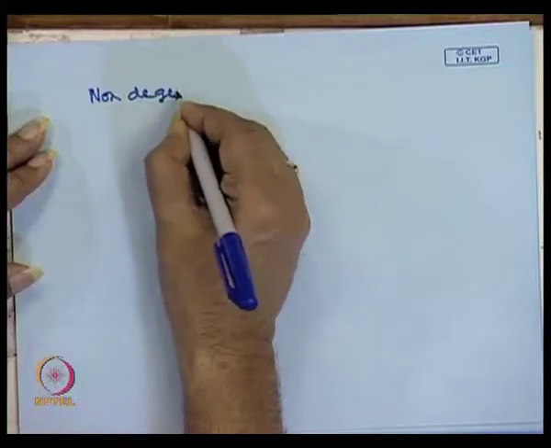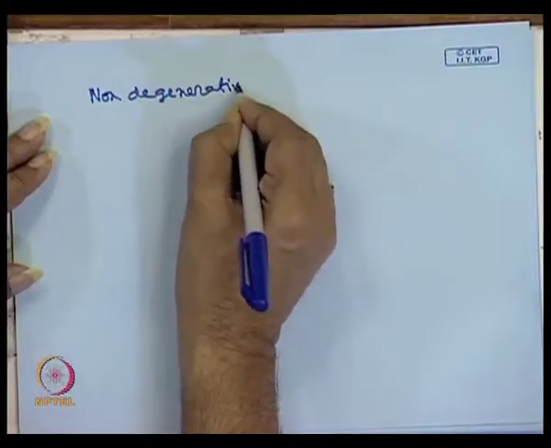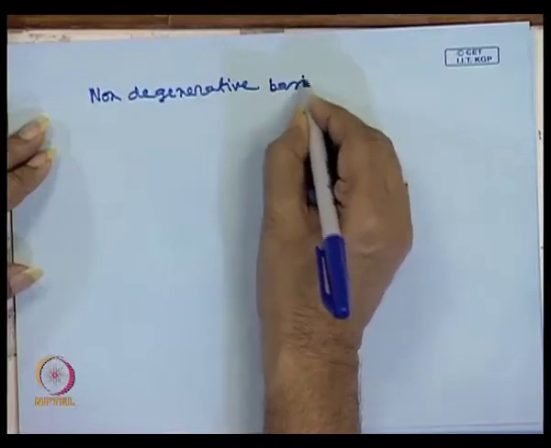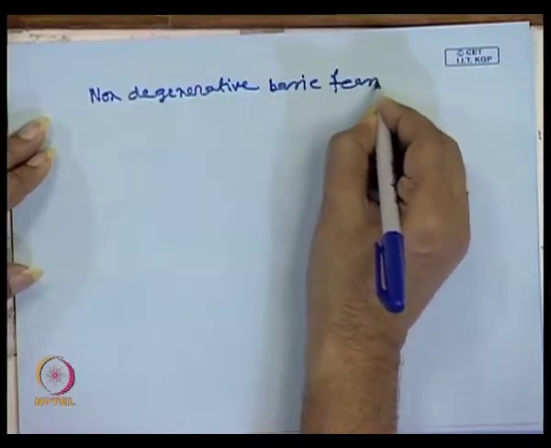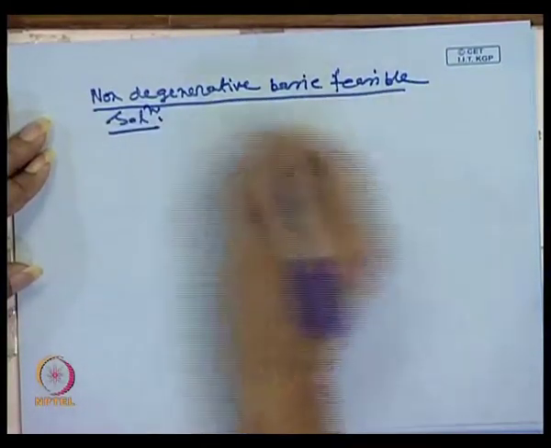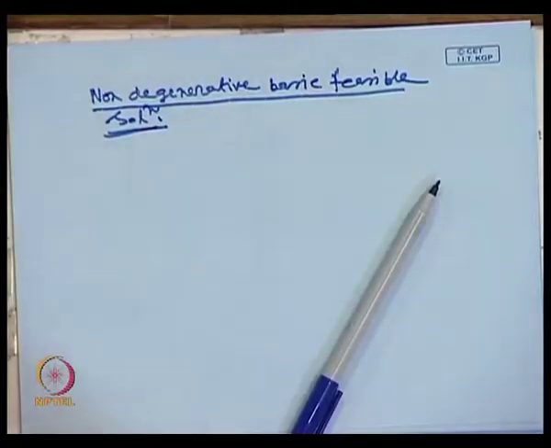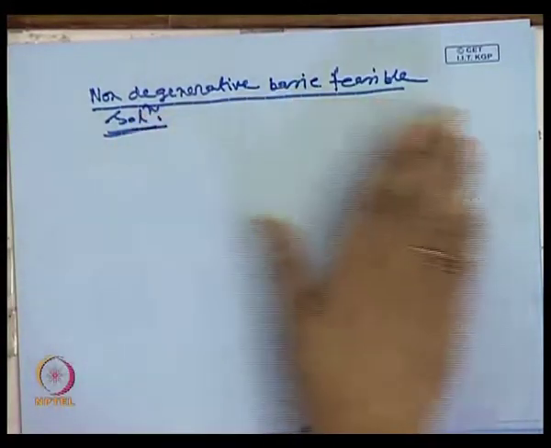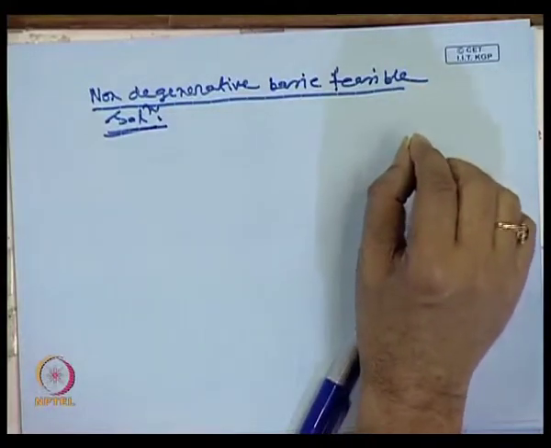So, next is the non-degenerate basic feasible solution. Suppose you get the basic solution of this linear programming problem, and all the basic variables are positive, then it is called a non-degenerate basic solution.